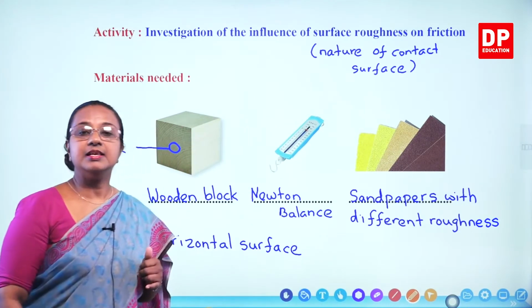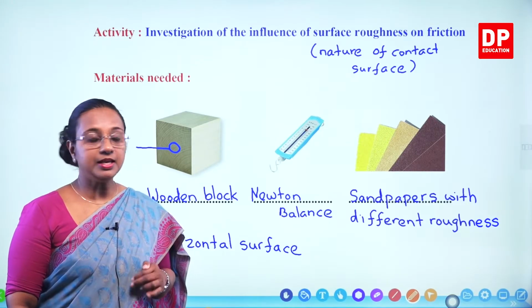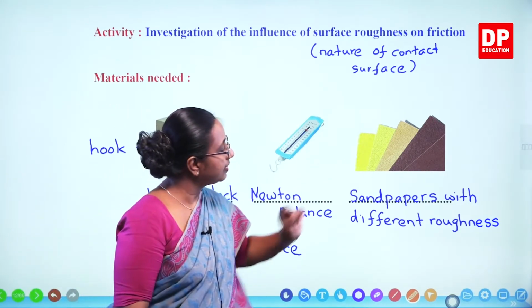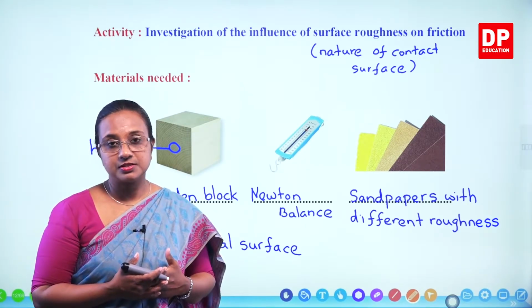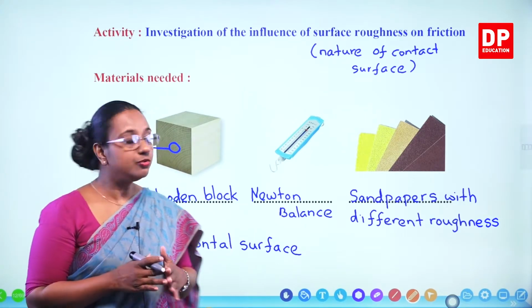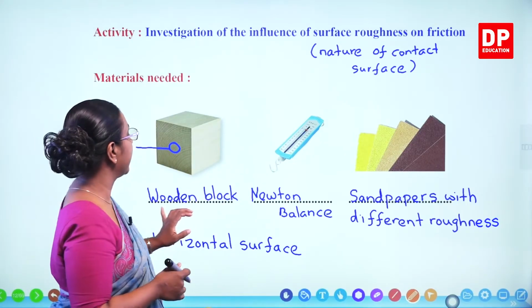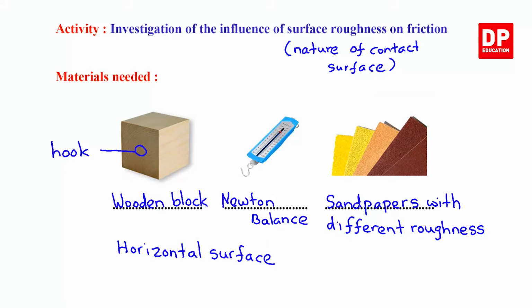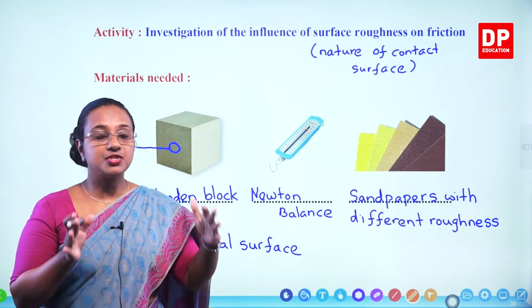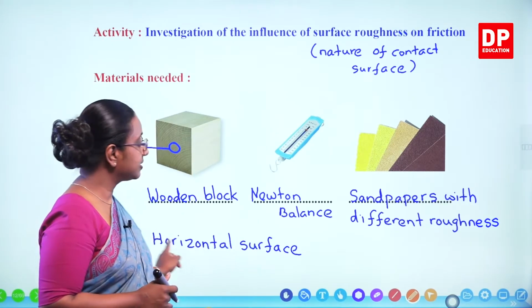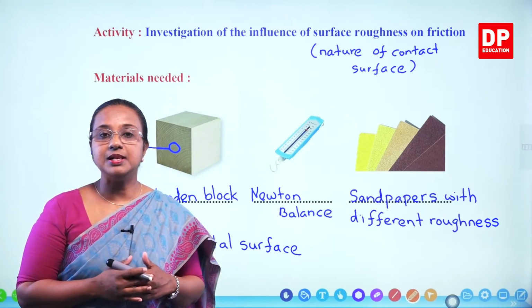So again, this is a very simple activity. We will first start with the sandpaper with the least roughness. What we have to do is paste the sandpaper to the surface of the wooden block. Then place that surface on a horizontal surface, a horizontal table.